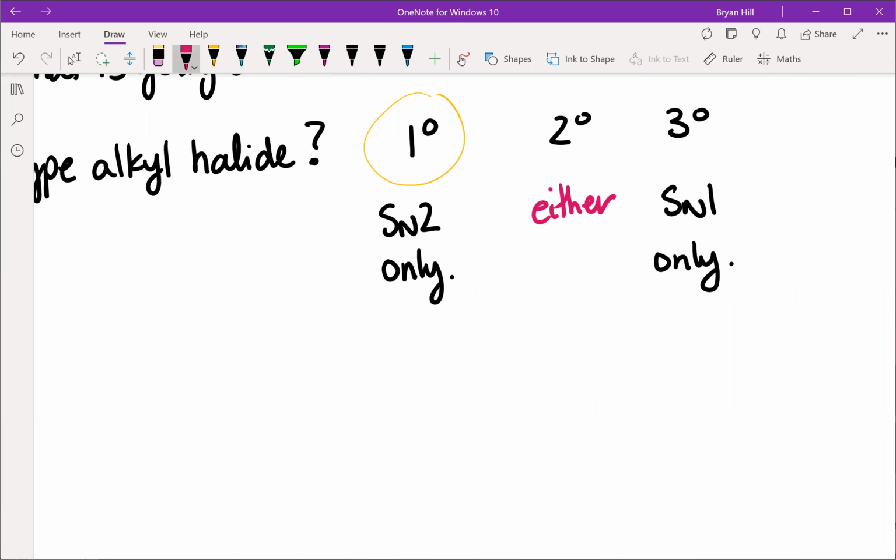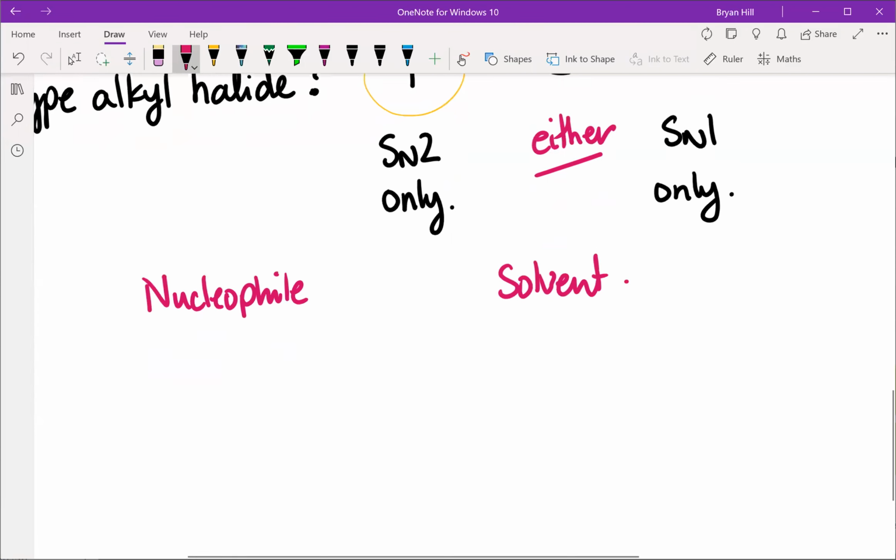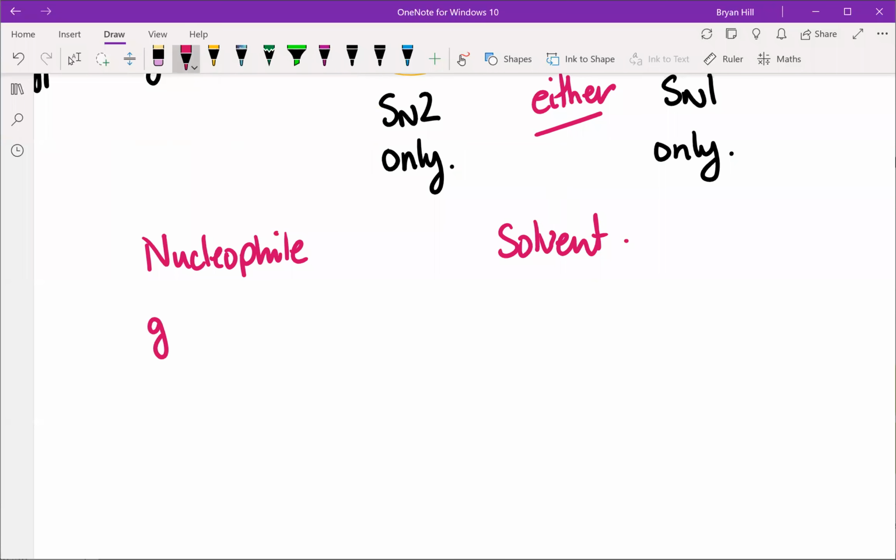And so as we just did with these last questions, the 2 important things were the nucleophile and the solvent. Good nucleophiles favor SN2, poor nucleophiles favor SN1.